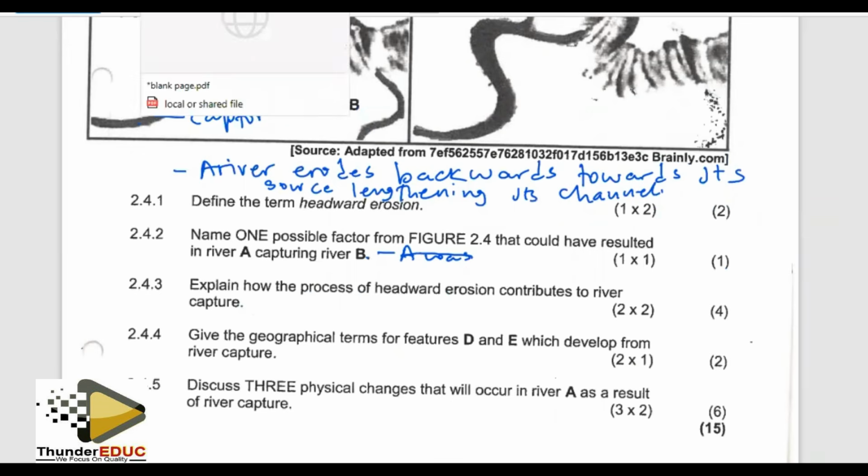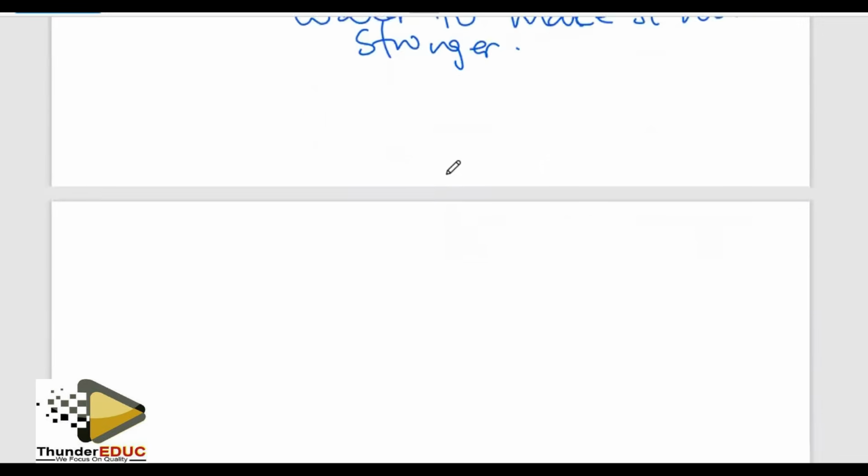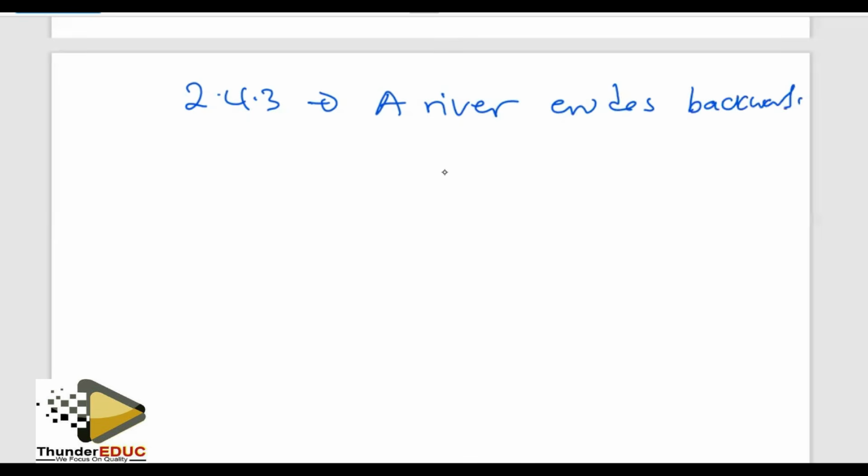So you could say a river erodes backwards towards its source.